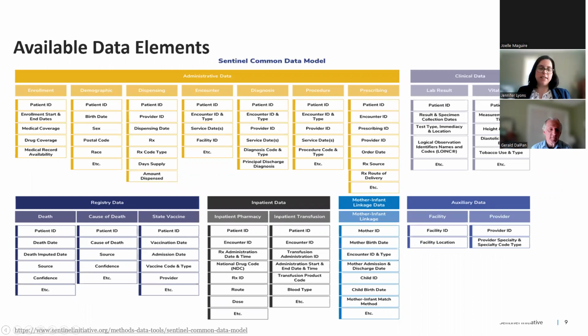And what does the Sentinel Common Data Model look like? There are a lot of available data elements here. I'm going to review these quite briefly. First, we have a group of data elements that are considered as administrative data. And these include things like enrollment, which outlines specific start and end dates for someone's insurance coverage.